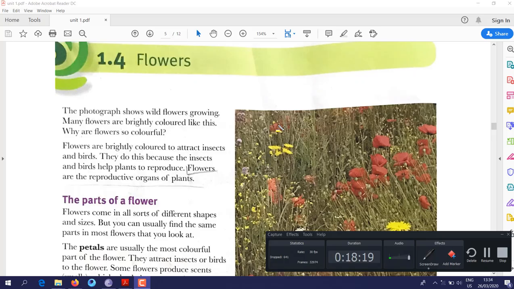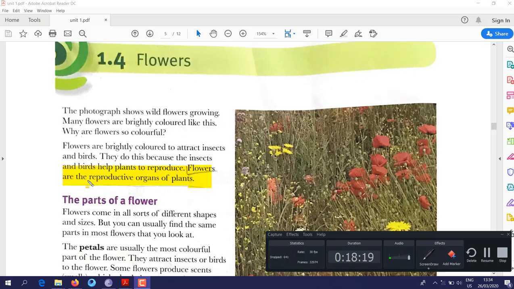1.4 Flowers. If you look at this picture, you will see we have different kinds of flowers with different shapes, different bright colors. But what do you mean by flowers, or what are flowers? Flowers are the reproductive organs of plants.